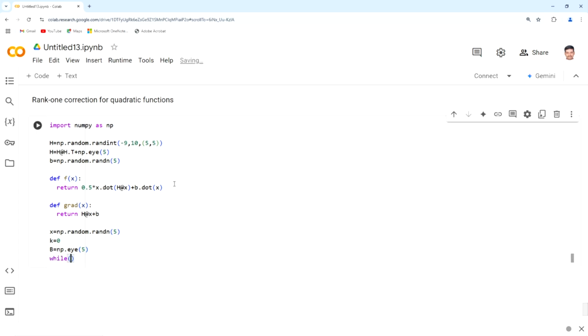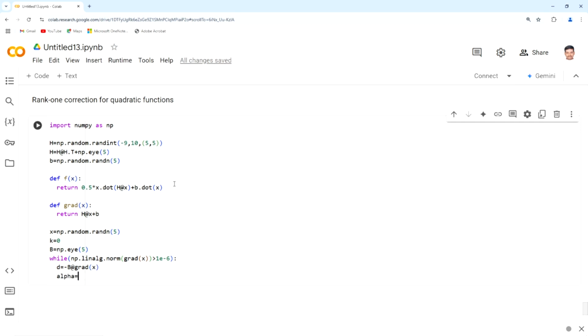Now, while np dot linalg dot norm of grad of x greater than tolerance, 1 e minus x, since that is the tolerance we usually use. So, the first one is d equal to minus b k g k. So, minus b at grad of x, okay.